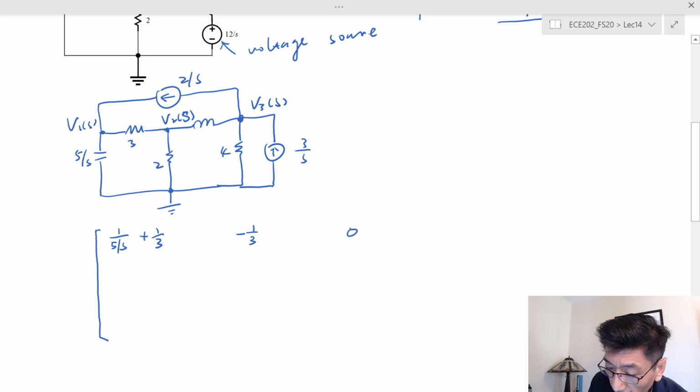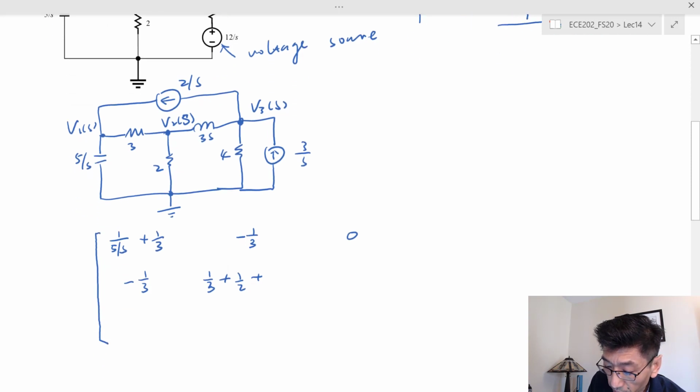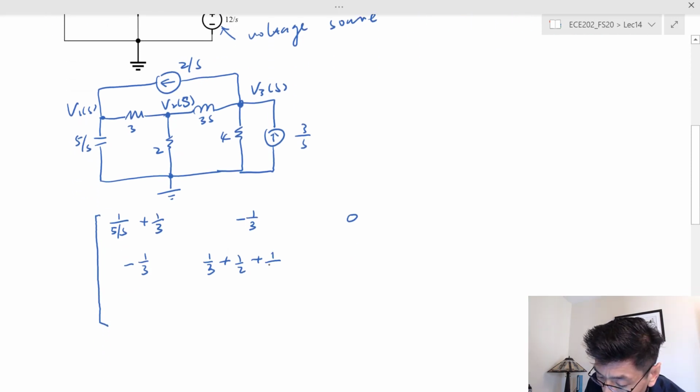For node 2, between 1 and 2, I get negative 1 over 3. By the way, the matrix is symmetric, right? At node 2, I get 1 over 3 plus 1 over 2 plus 1 over 3s. This is 3s, right? Yes, so that's 1 over 3s. And between 2 and 3, that's negative 1 over 3s.